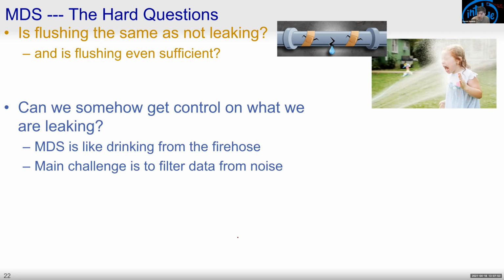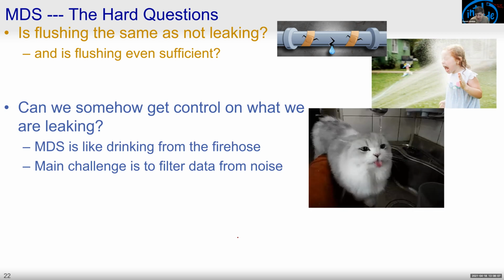It's completely not clear how to sift the data from the noise. And the main challenge when it comes to MDS is actually sifting all the noise you're getting from the data you want. Now, ideally, I don't want to be like this girl. I want to be like this cat, in full control over the leakage, taking in every single little drop. And that's one thing that left me kind of unsatisfied after MDS.